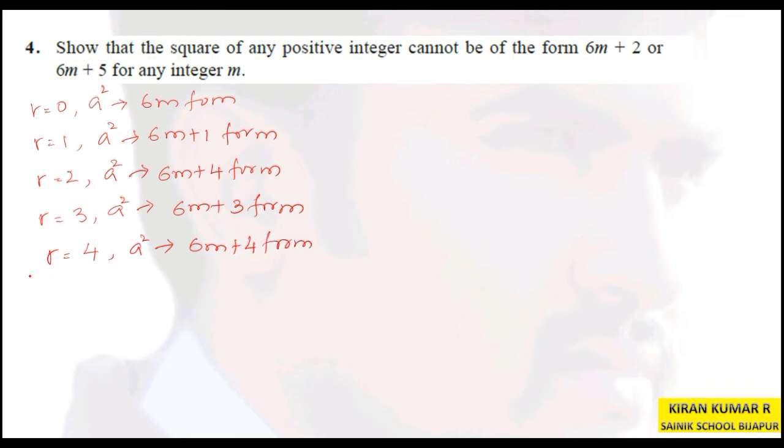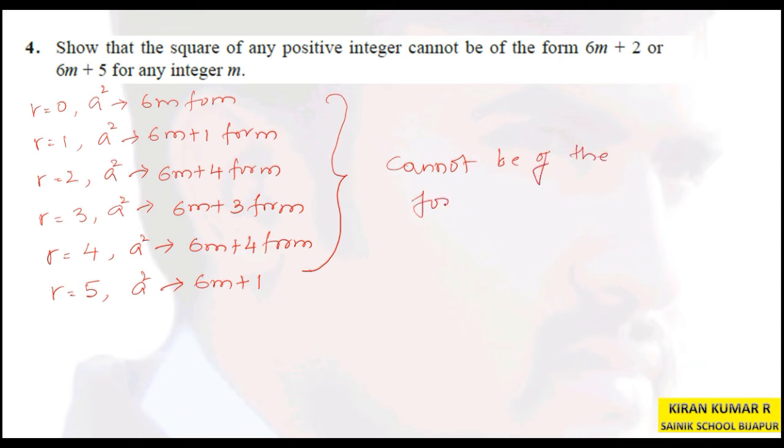If the value of r is taken 5, square of the number is of the form 6m plus 1. Finally, you can conclude it cannot be of the form 6m plus 2 or 6m plus 5.